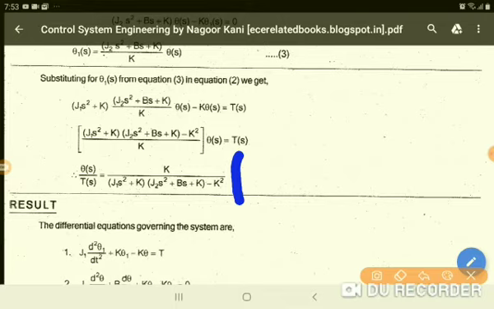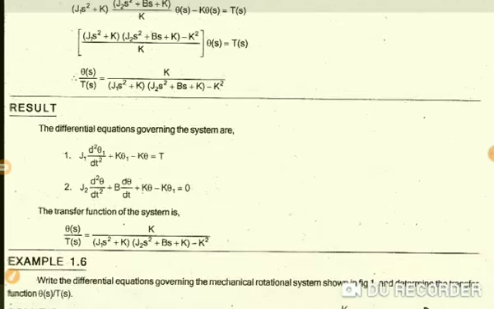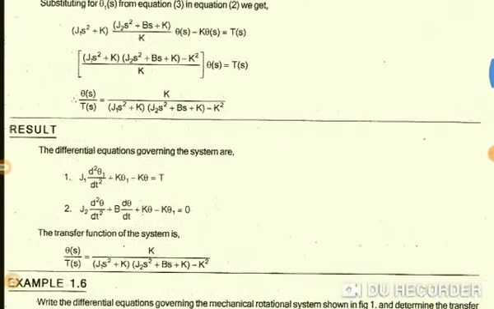After completing the simplification, you have the result: the differential equations governing the system, obtained by drawing a free body diagram for the two moments of inertia J1 and J2, and the transfer function. This is the way you have to solve a rotational system problem.